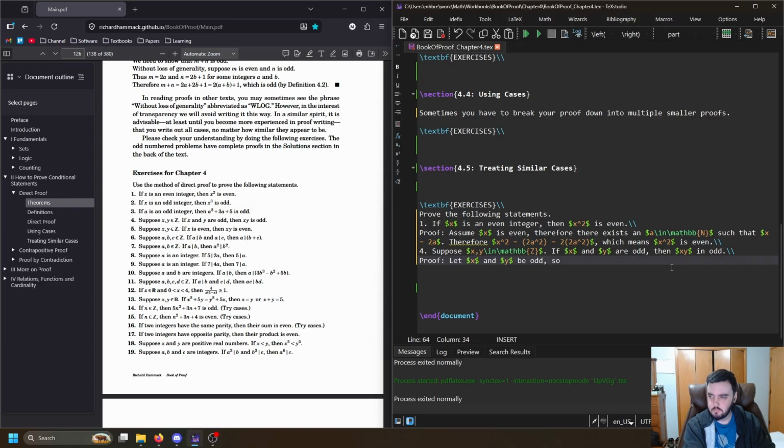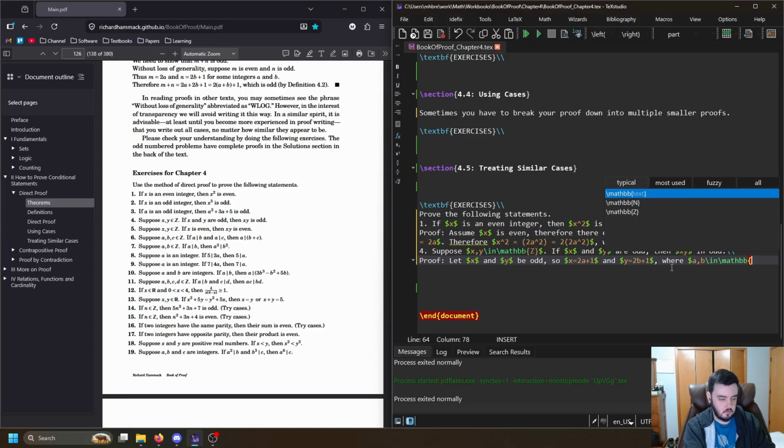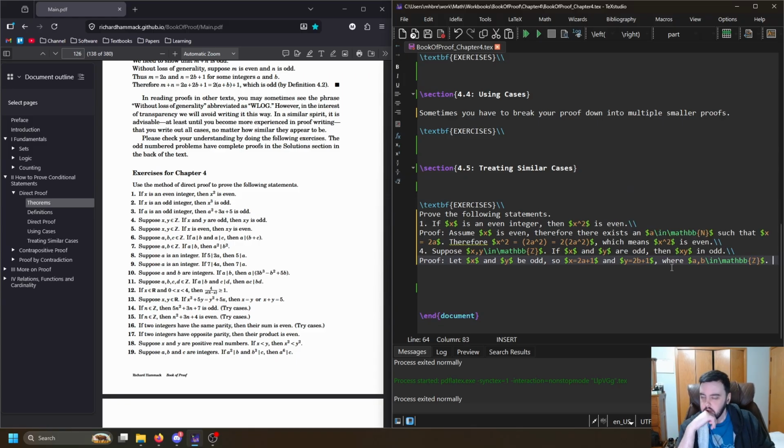So x equals 2a plus 1 and y equals 2b plus 1, where a, b are in the integers. And what are we trying to do again? Okay, xy is odd. So let's just multiply them together.